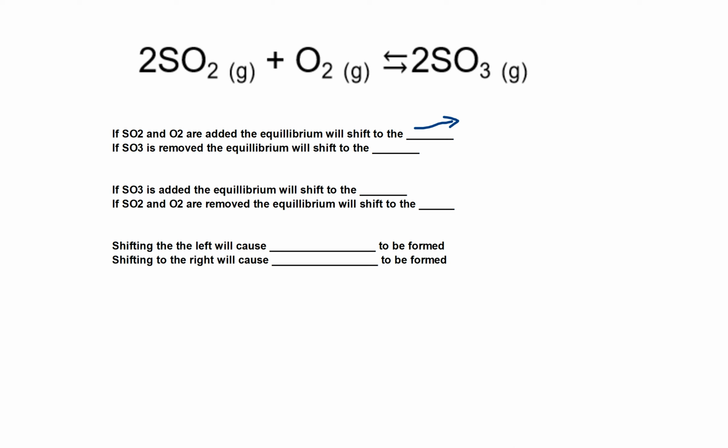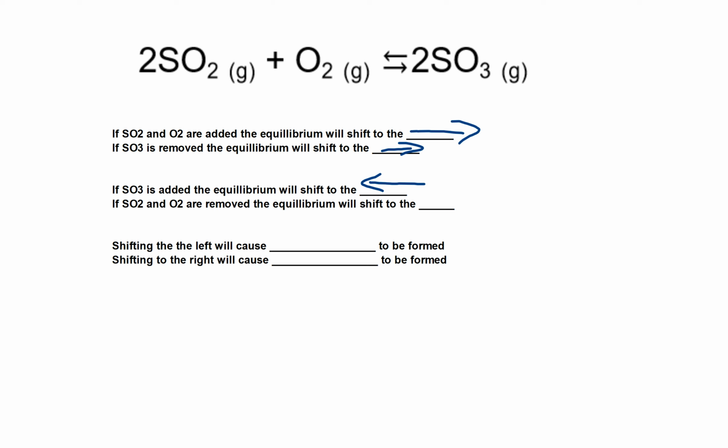If SO3 is removed, okay, if there's less SO3, again, it's going to shift towards the right because it's got to make more products. If SO3 is added, the equilibrium will shift too. Well, if I add a product, SO3 is a product, it's going to shift this way.